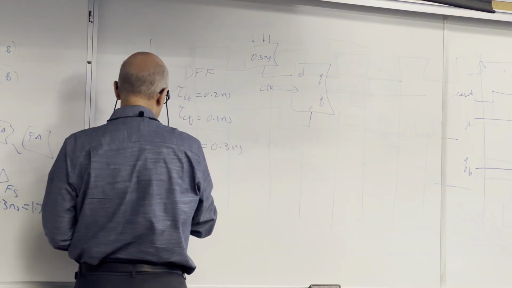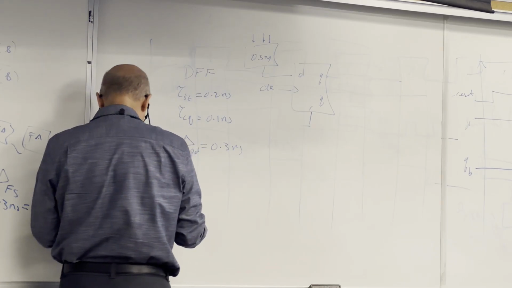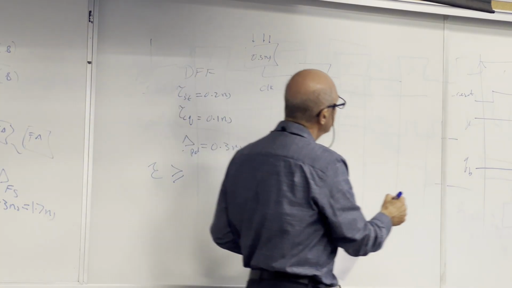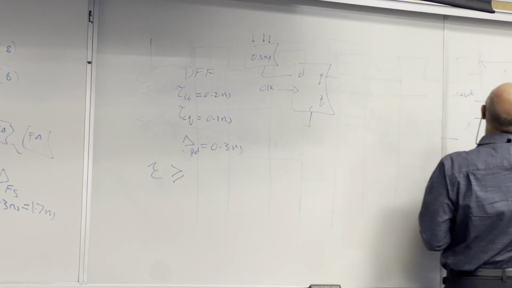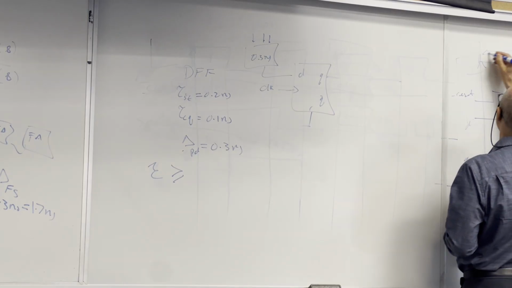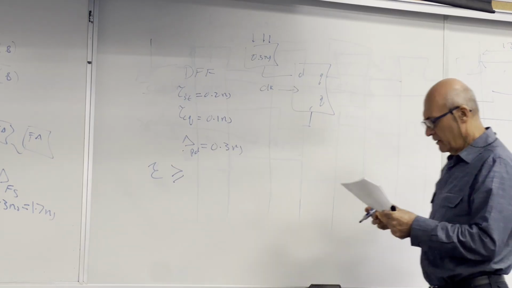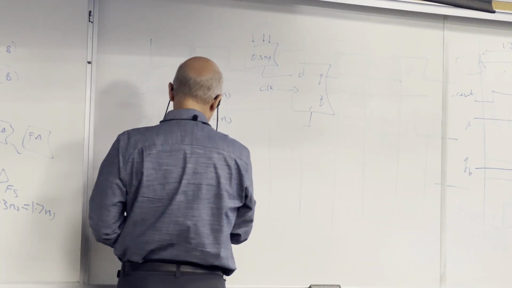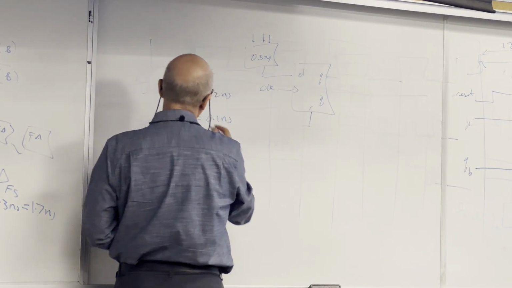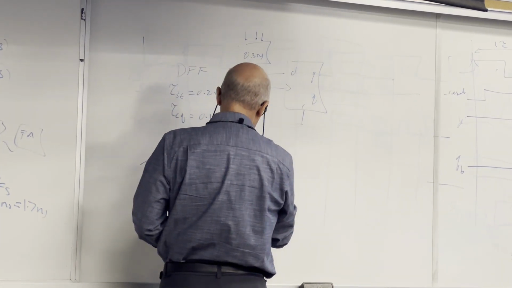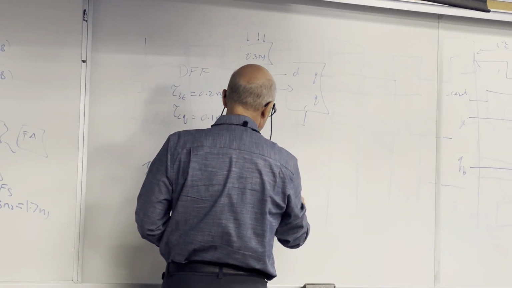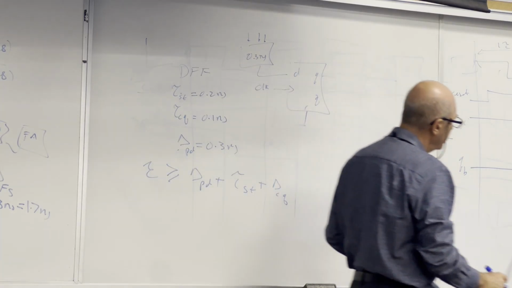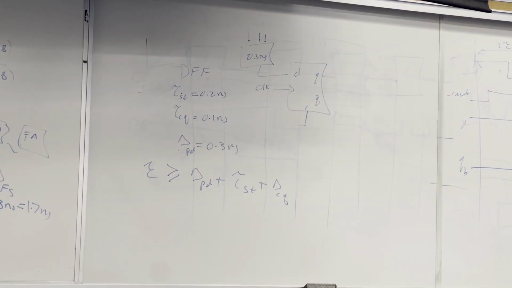So always tau, the period, right? So this is 1 tau. It has to be greater than the propagation delay, plus you have to add the setup time and clock to Q. So that means the clock is running a little bit faster, so you have to slow it down.